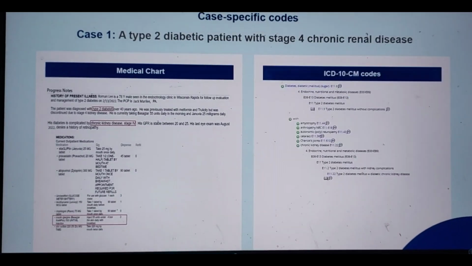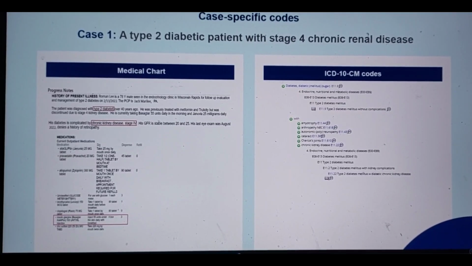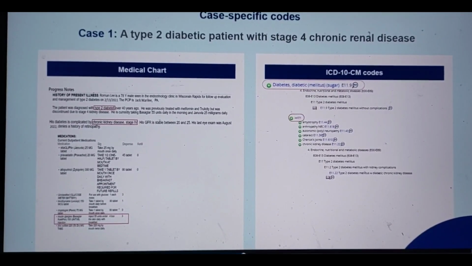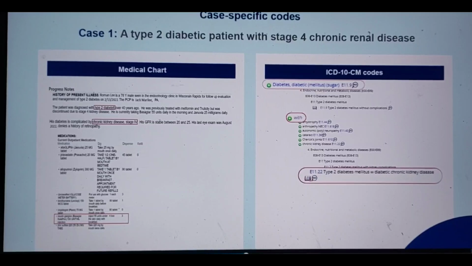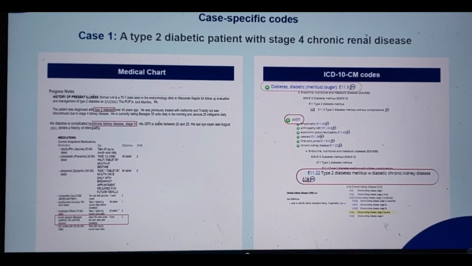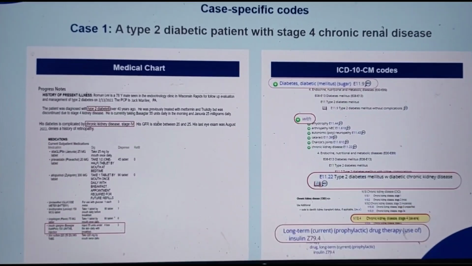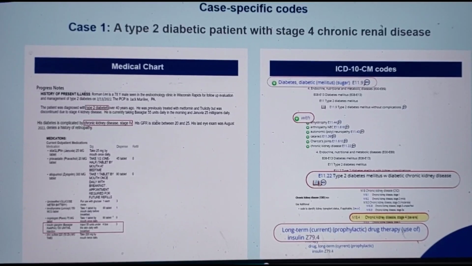Here, chronic kidney disease or CKD is linked to diabetes. Hence, the with rule would be followed and E11.22 should be reported. The note under code N18 indicates insulin Z79.4 is assigned.